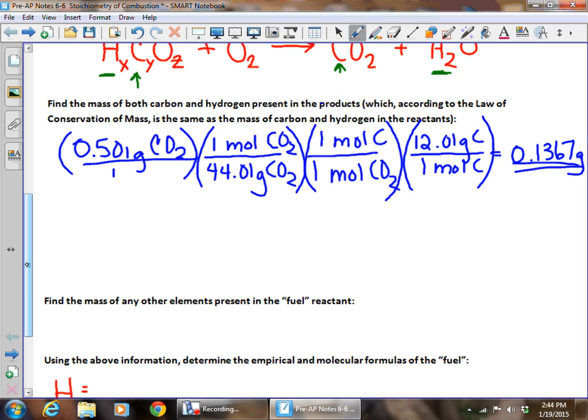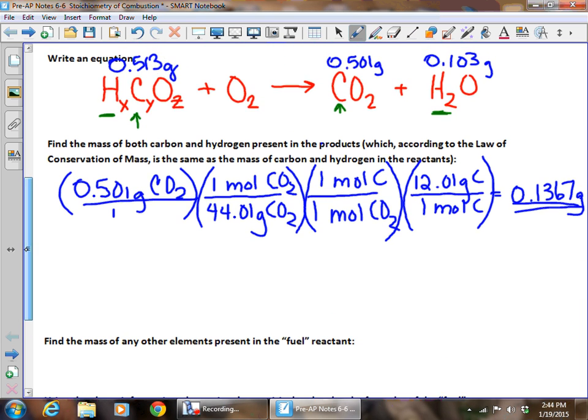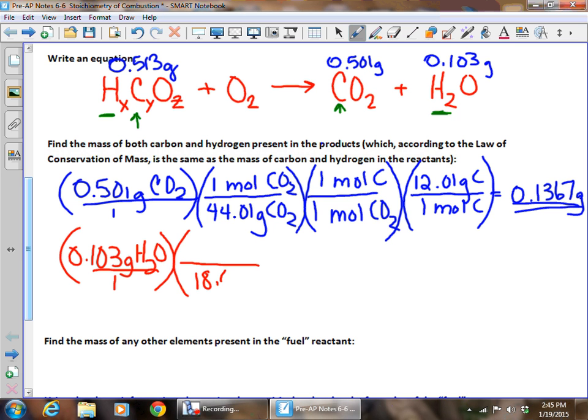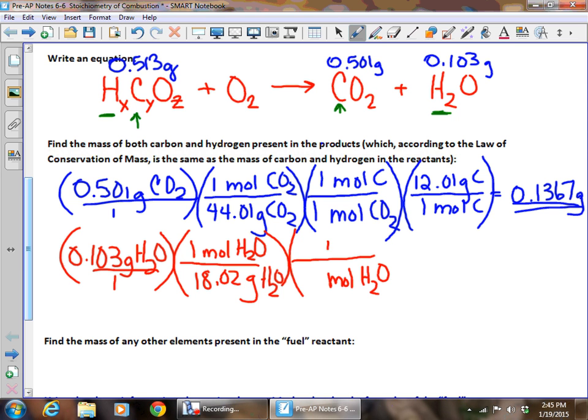Now let's do the same thing with hydrogen. Up in our problem up here, it says that we started out with 0.103 grams of water. And the molar mass of water is 18.02 grams per mole. Now look at what the ratio is going to be for this one. We want moles of water on the bottom, and we need to know about just the hydrogen.